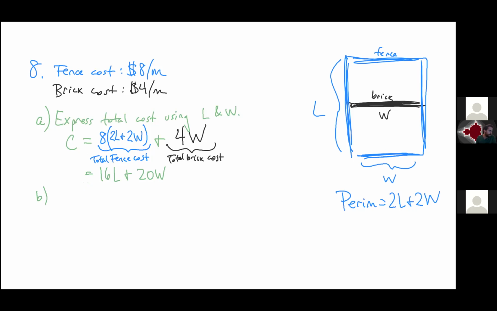Okay, the area of the field will be 300 square meters, and we want to express length in terms of width. For that, I'm thinking, well, area is just length times width equals 300.